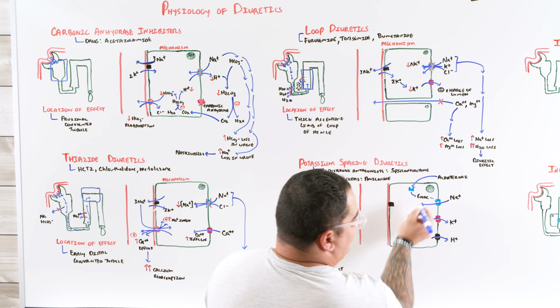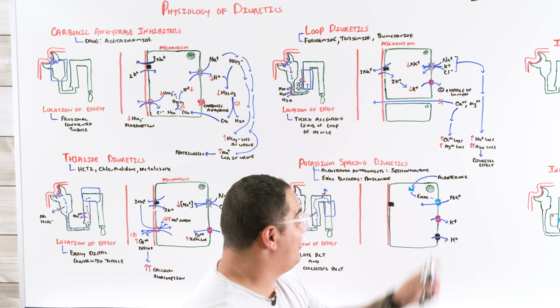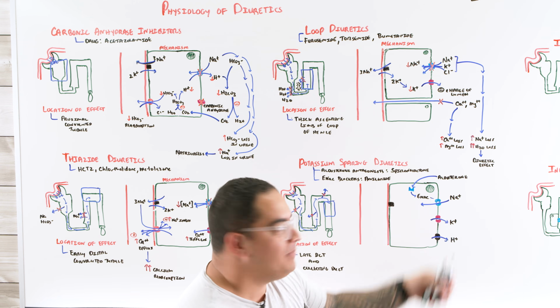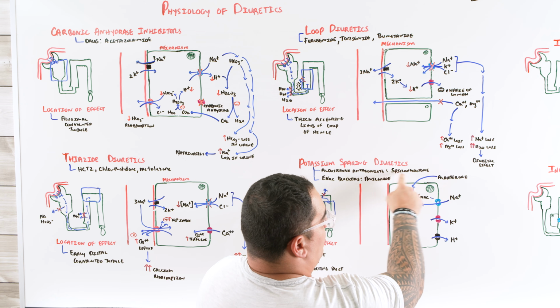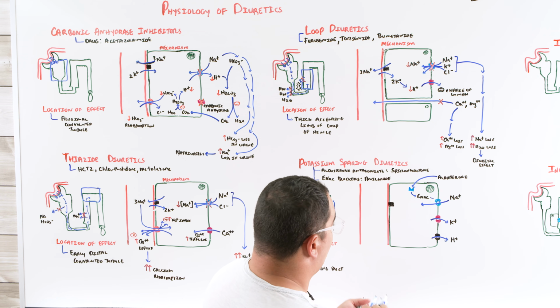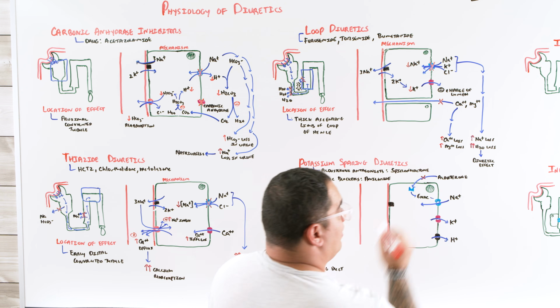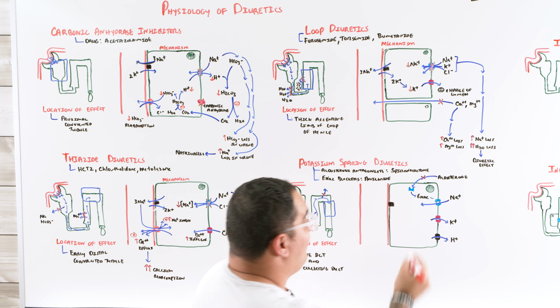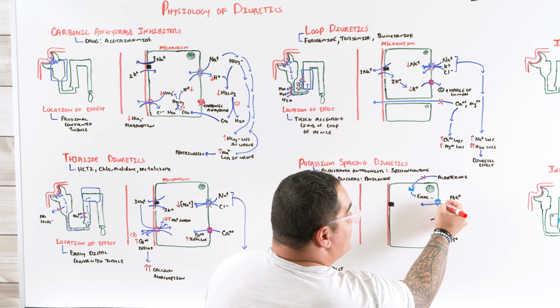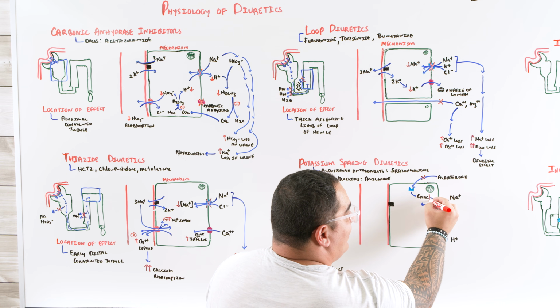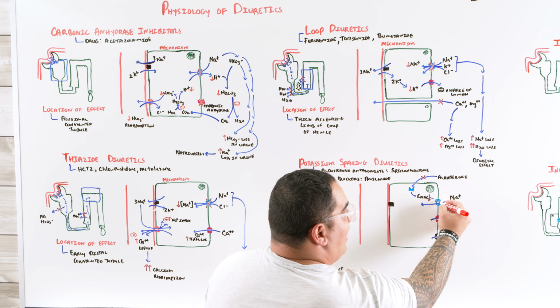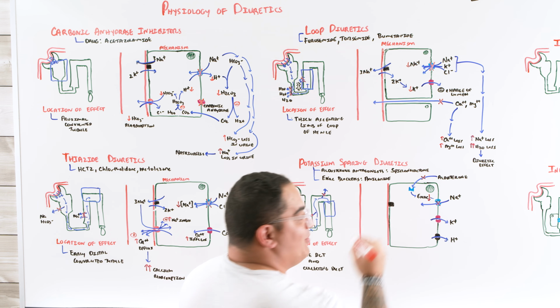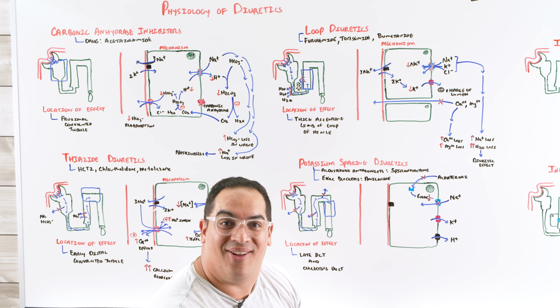In other words, it expresses these ENaCs. So it opens up these little channels in the membrane there. If I give a drug like spironolactone or eplerenone, what I do is I block aldosterone. If I block aldosterone, I decrease the expression of these ENaC channels. And then by default here, I don't allow sodium to rush into this cell.